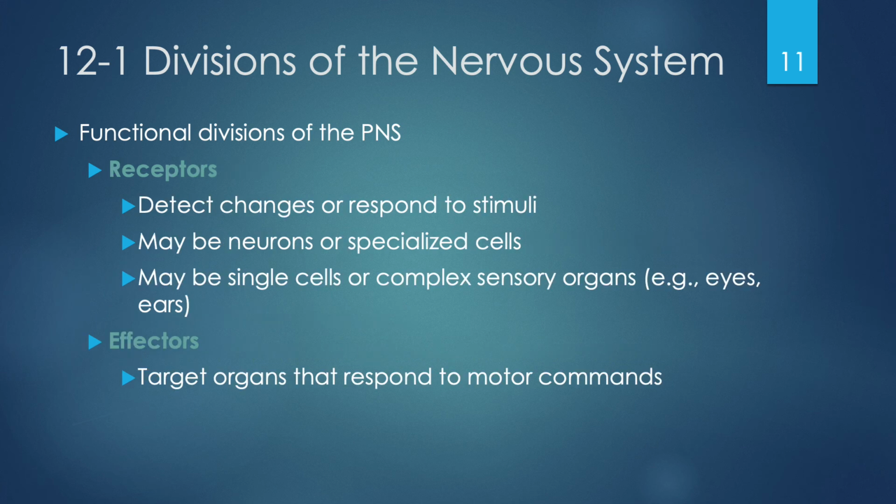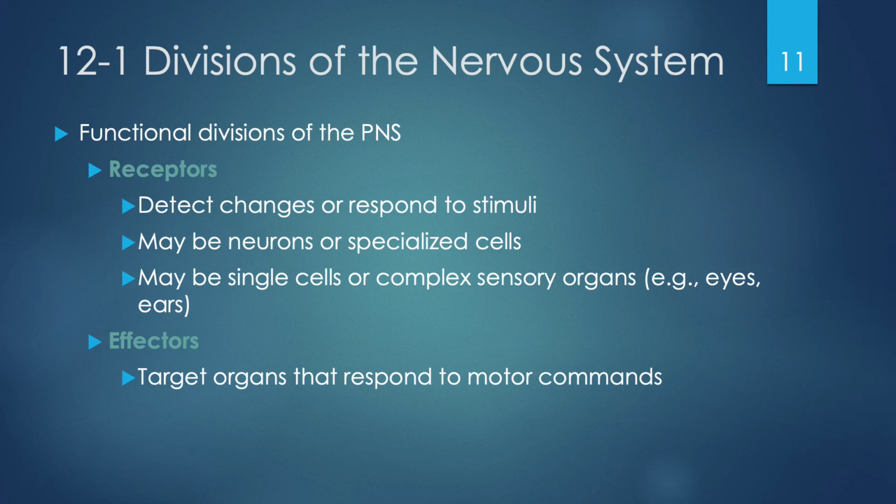The peripheral nervous system is also further divided into its functional divisions, so how it works. So we'll break it down into either receptors or effectors. So receptors are anything that detects whatever that change might be in the environment to respond to the stimuli. And this can either be in the form of being a specific neuron or a specialized cell to complete this task.